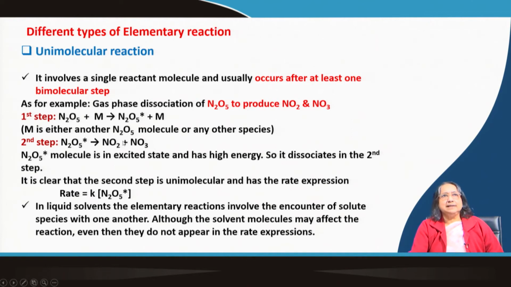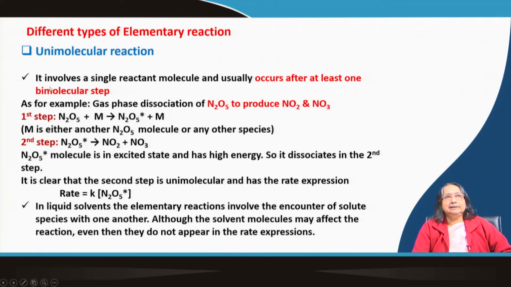So, what we have seen is that a unimolecular reaction follows a bimolecular reaction. The first step has two things, N2O5 and M, so it is a bimolecular reaction, and then this is a unimolecular reaction.